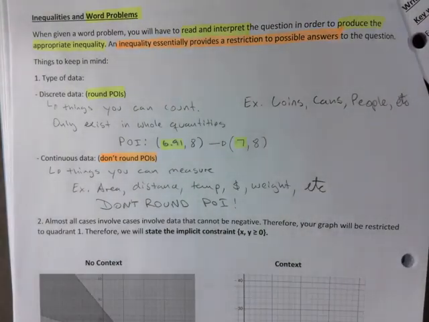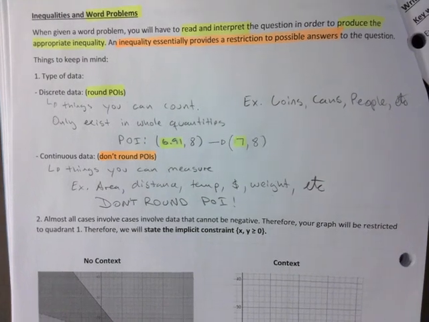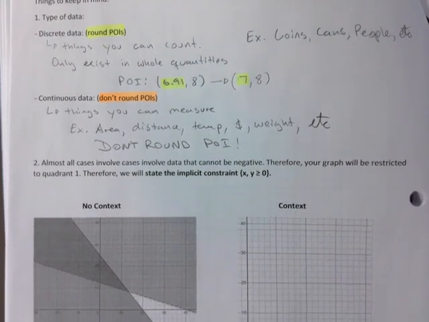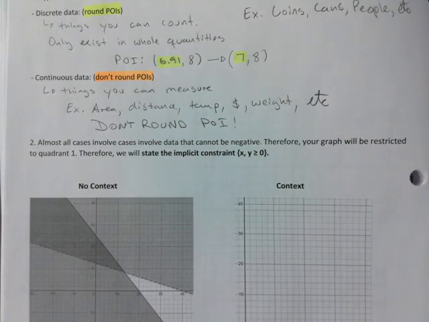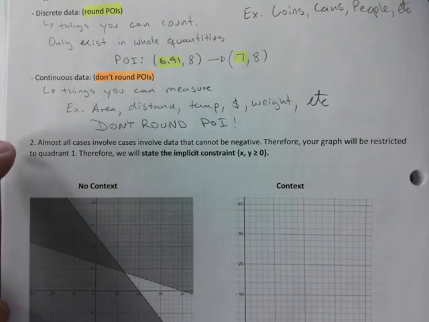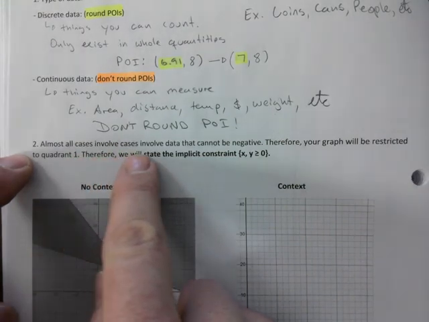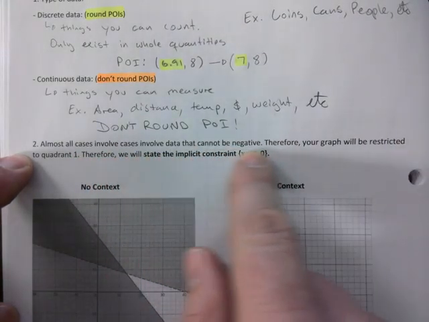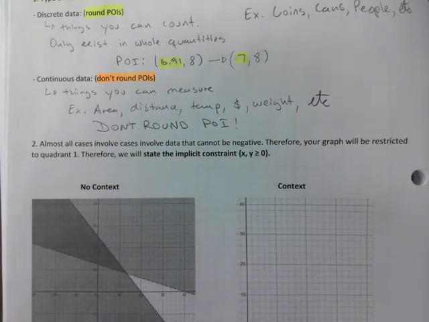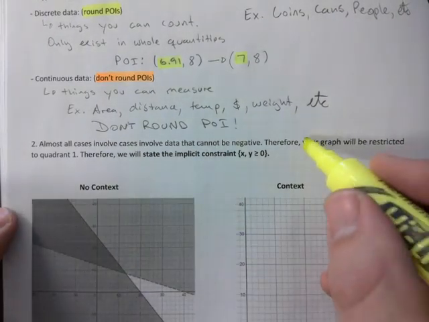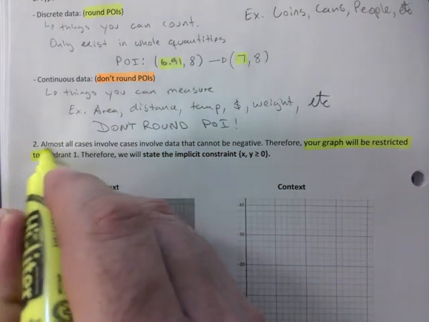I just want to make sure you understand that, because it will be an issue down the road. The next point I want to make is that in almost all cases, the data cannot be negative. Therefore, your graph will be restricted to quadrant 1.